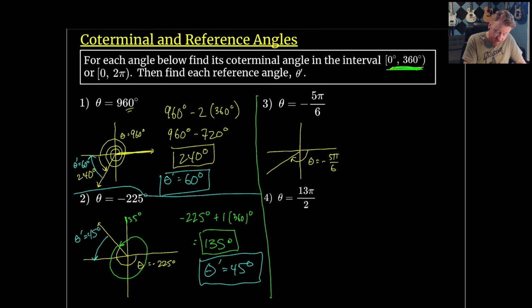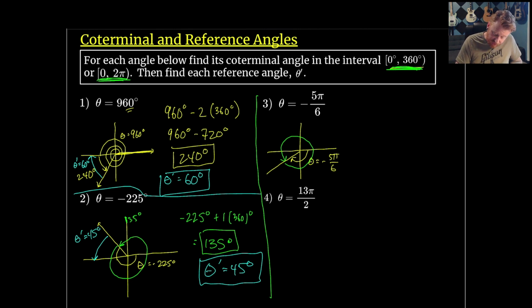So we want to do much like we did on the last problem, where that is a negative angle. I need to get back into positive, between 0 and 2 pi now. So if I add a full revolution back to this, I should get back to the interval that I want.